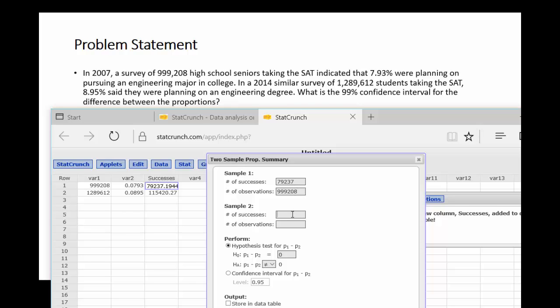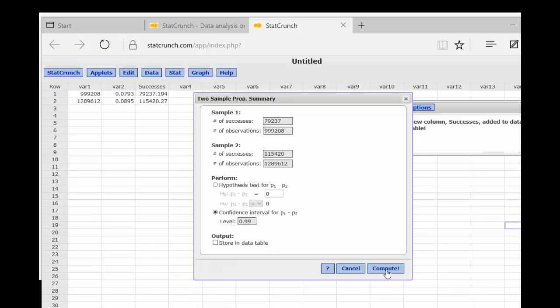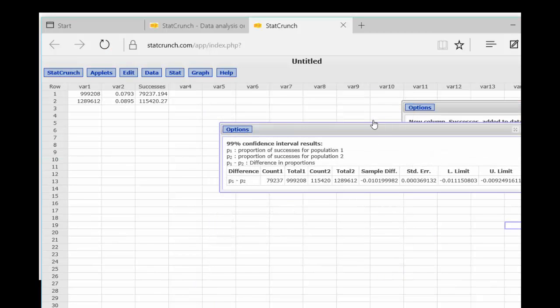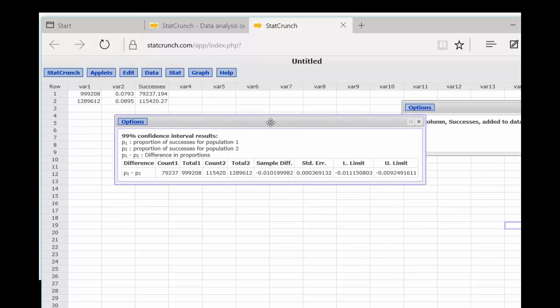Second survey, we had successes 115,420, and observations we had 1,289,612. Okay, we're doing a confidence interval, and we want the 99%. Clicking on Compute, we get the results.